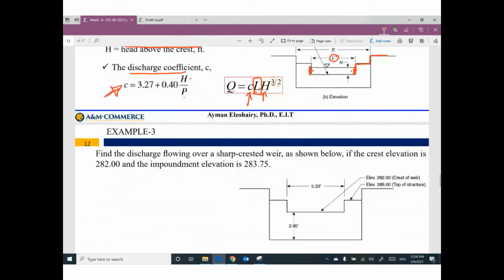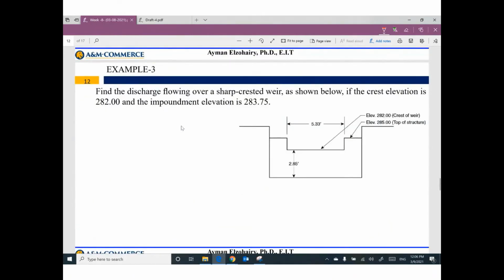Okay, let's do an example. We are looking for the value of the discharge Q for a sharp crested weir.